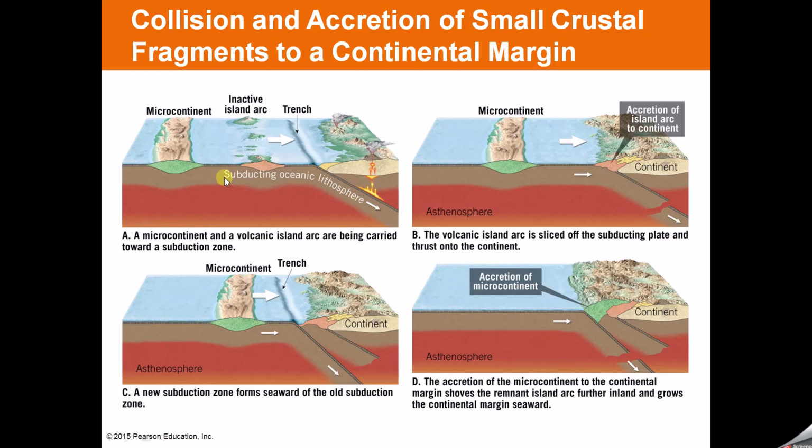So here it starts from A, B, C, D. If you look here, we have a microcontinent, an oceanic crust, and here we have continental crust and a subduction zone. And here basically we have island arcs within the oceanic crust, and we have a subduction zone, a trench, and then what happens?